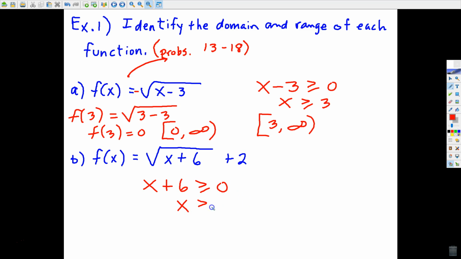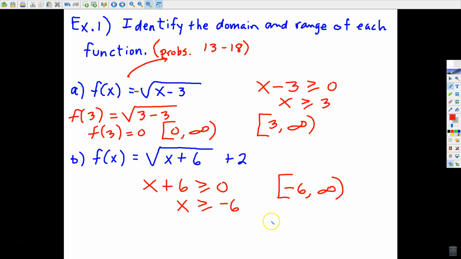I'll make sure I can do it right this time. So now we're talking about all of the x's that are greater than or equal to negative 6. And in interval notation, that would be from negative 6 to positive infinity.